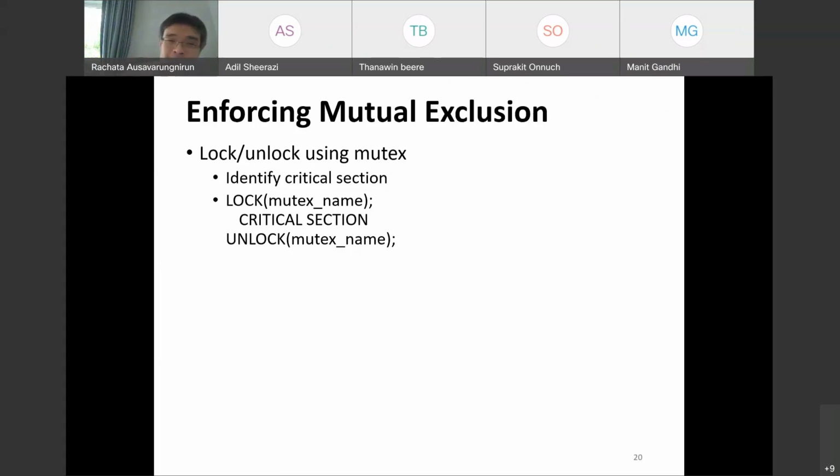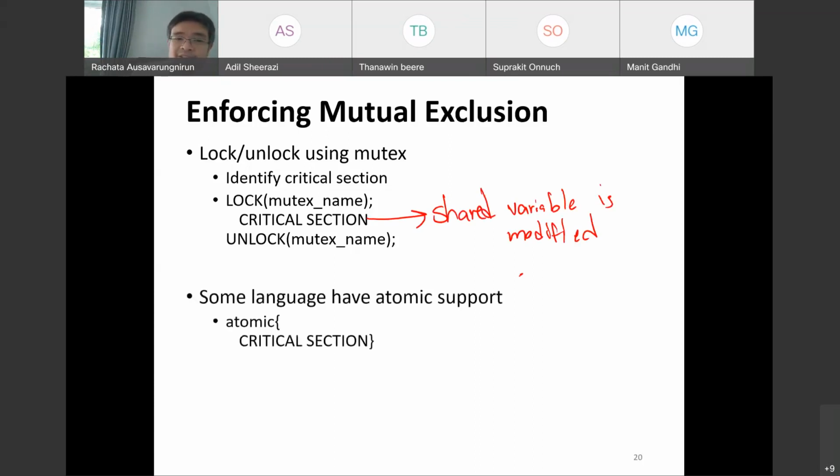When I say critical section here, it means that this is where a shared variable is modified, right? And some languages have atomic operation support. So you can say things like atomic and put the code in here.